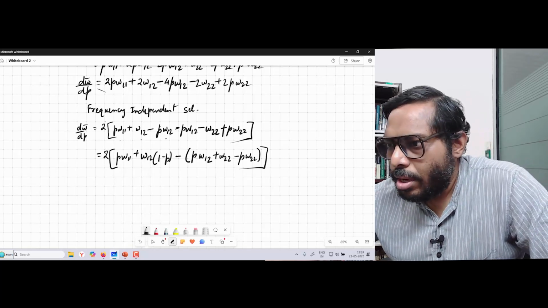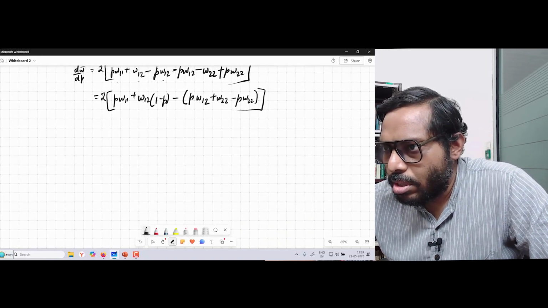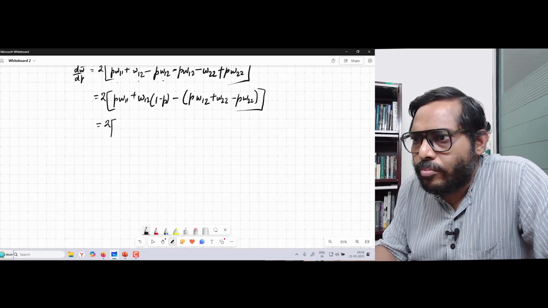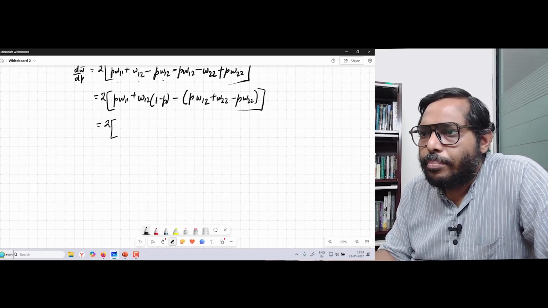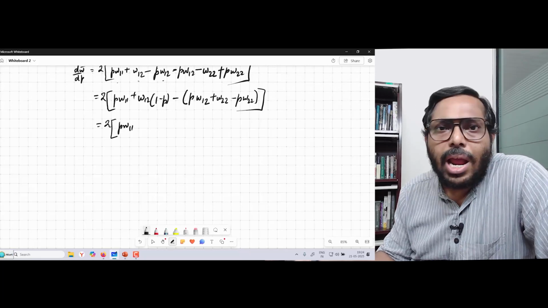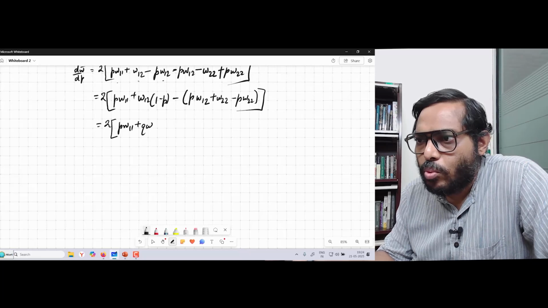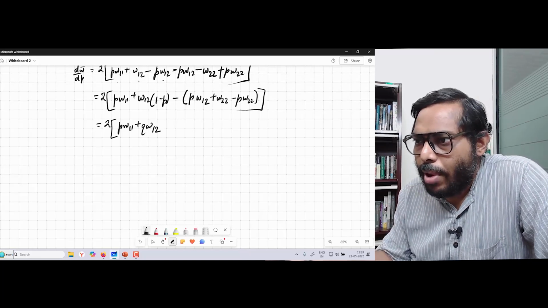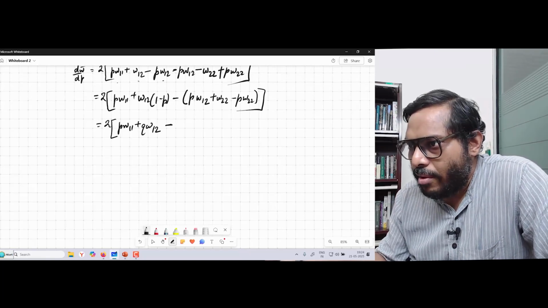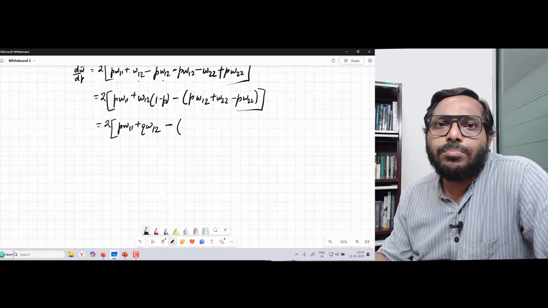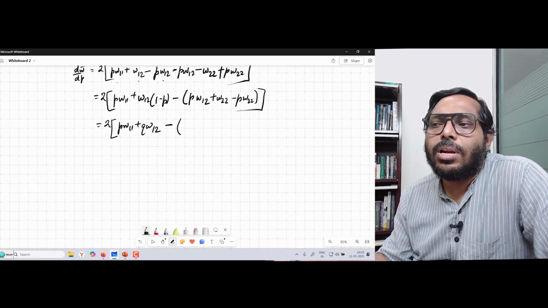Okay. Now, equal to 2, this is PW11 and 1 minus P is Q, so this is plus QW12 minus, I have PW12 over here and I have W22 minus PW22. I can take W22 common over here, then this will become W22 into 1 minus P, which basically means QW22.